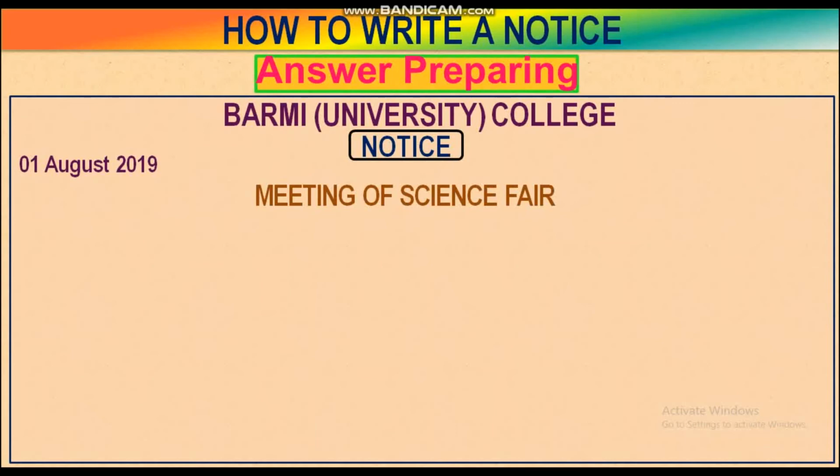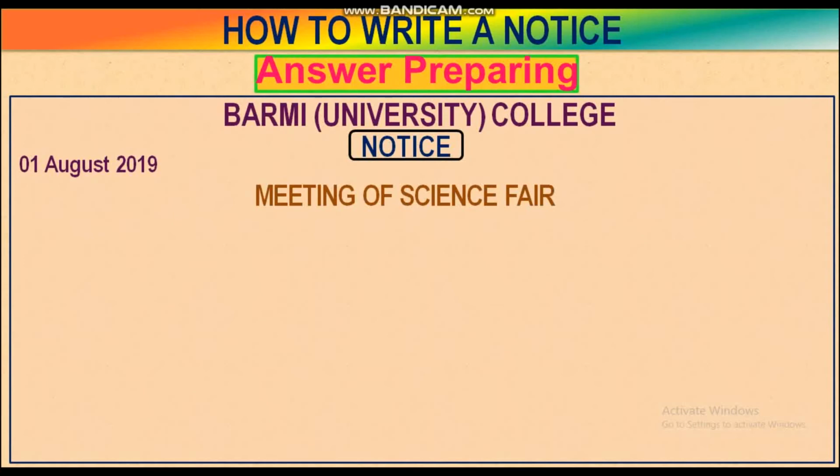When? When means when will it take place? I mean, here you have to mention the date and time. Who? Who means who can apply or is eligible for it.